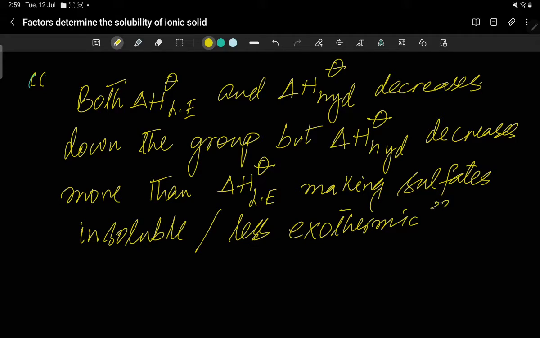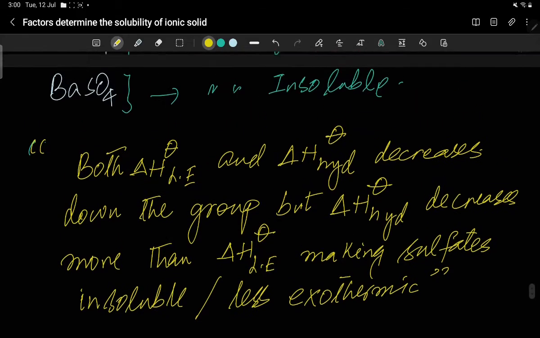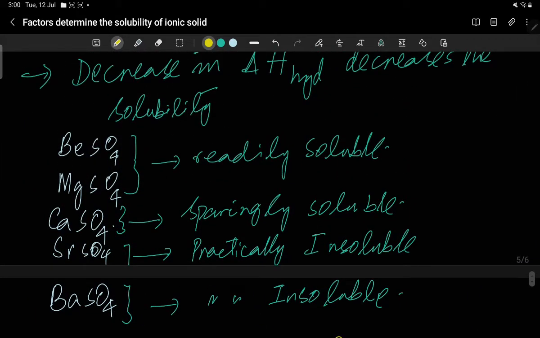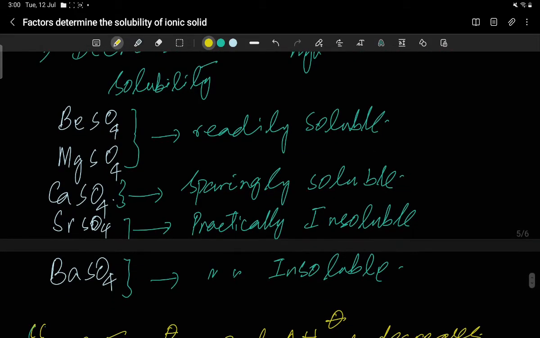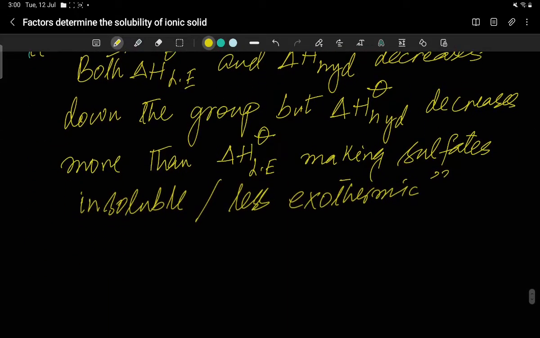So this is the way to write the answer when you are asked why solubility of group 2 sulfates decreases down the group.